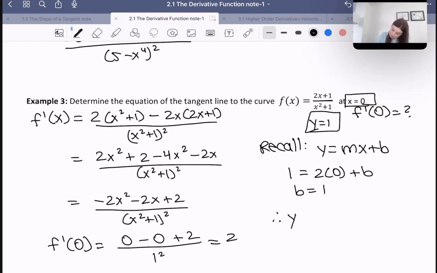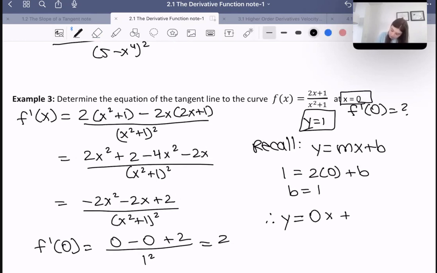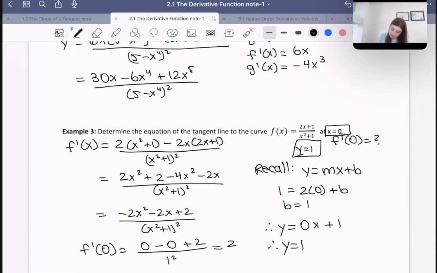So y is equal to 2x plus 1, and this can actually be simplified to just y equals 1 since... and so that is the equation of this tangent line in this situation.